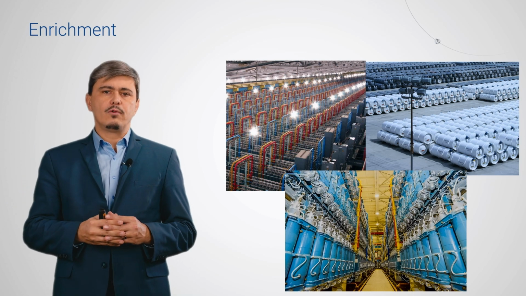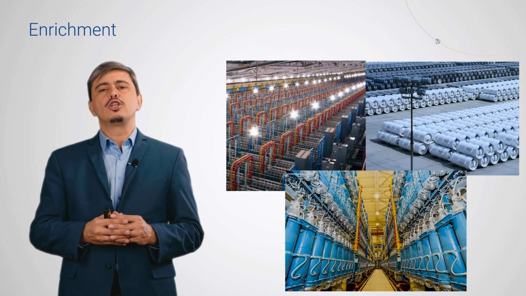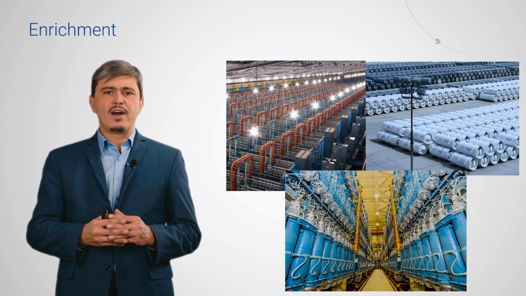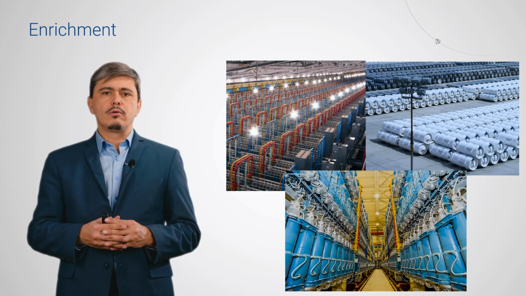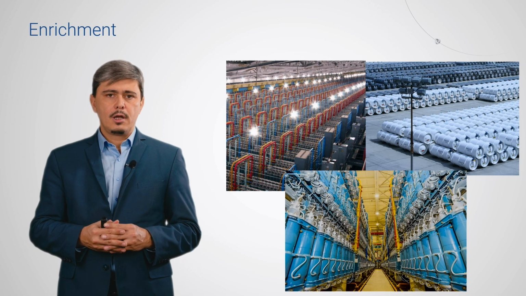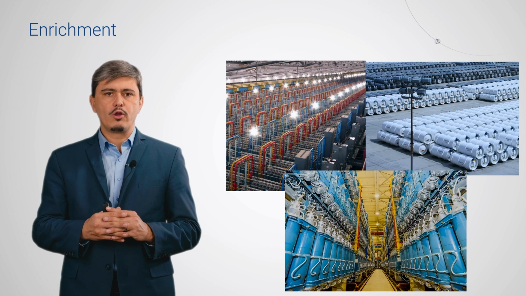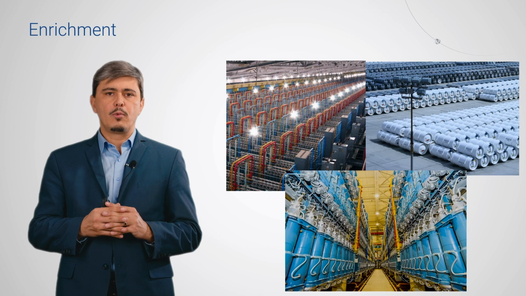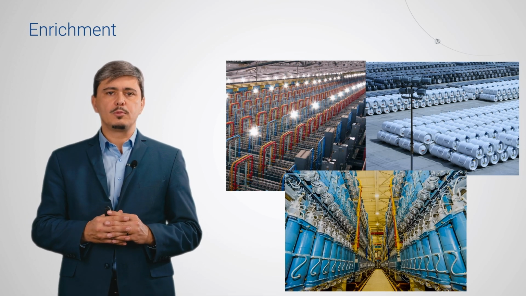Nowadays, for civil reactors, not for reactors of ships or icebreakers, we talk about 5% of uranium-235. As I said, the natural level is 0.7%. So this process of increasing the share of uranium-235 from the natural 0.7% to, for example, 5%, is called enrichment.